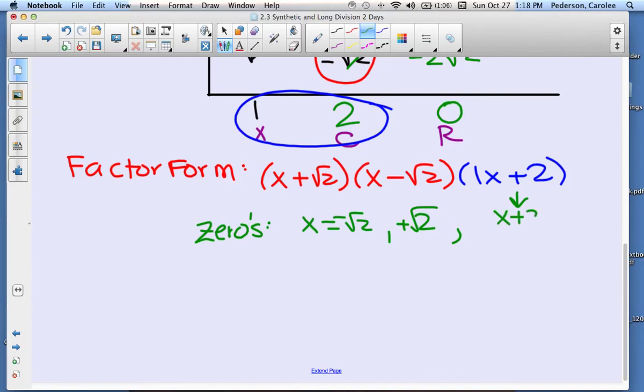So x plus 2 equals 0, so x equals negative 2. So the zeros of the function are negative square root of 2, positive square root of 2, and negative 2.